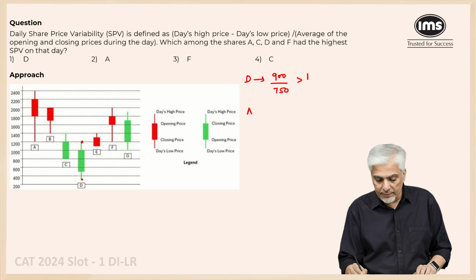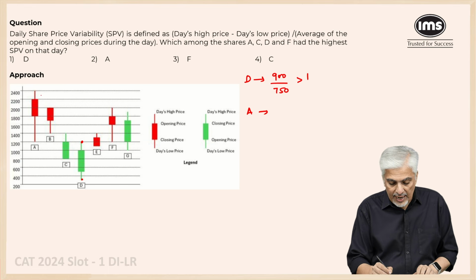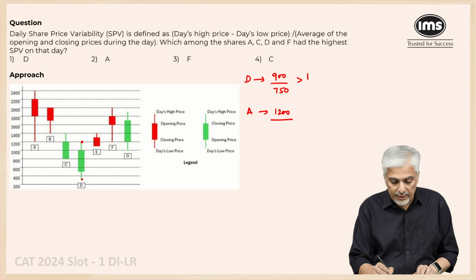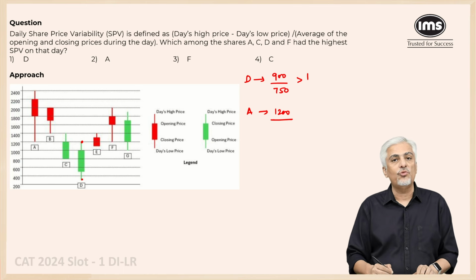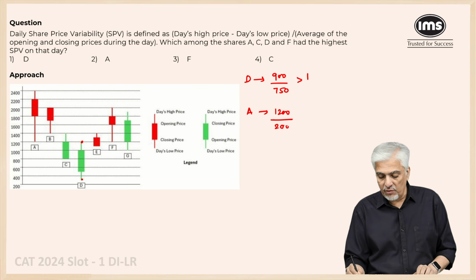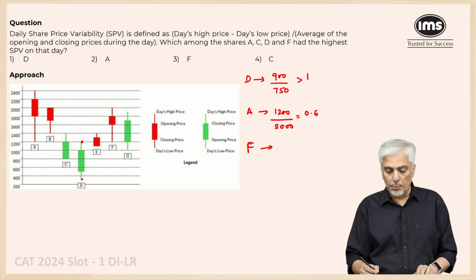Now, A. A is 2400 minus 1200, that is 1200, divided by 2200 plus 1800, which is 4000. 4000 divided by 2 will be 2000. If you solve this, it comes out to be exactly 0.6. Then there are C and F. Let's do F first, the way the options were given.